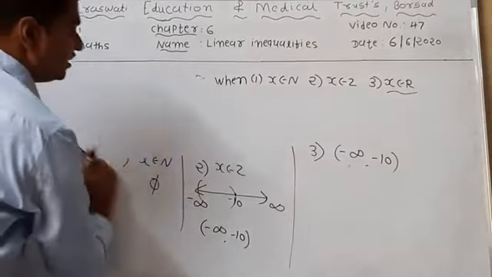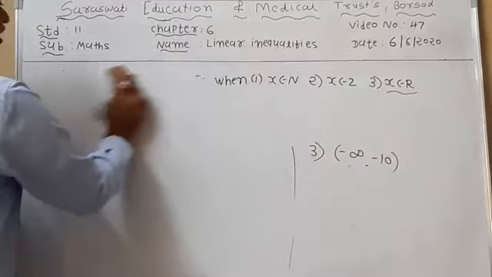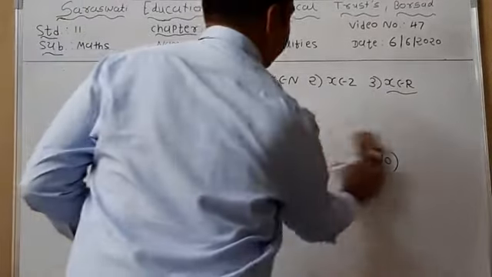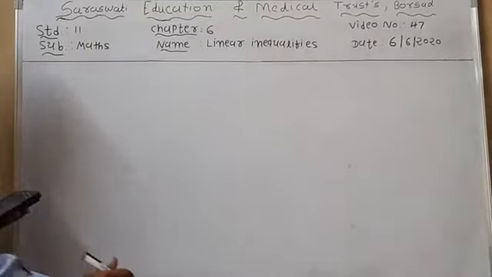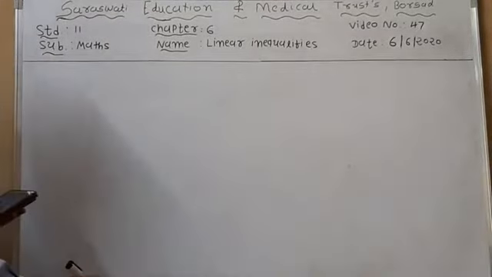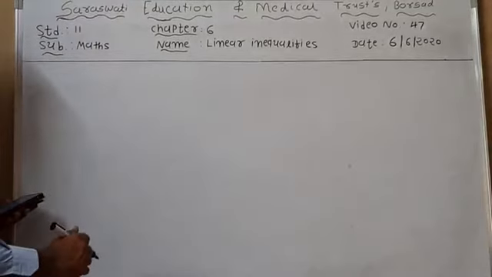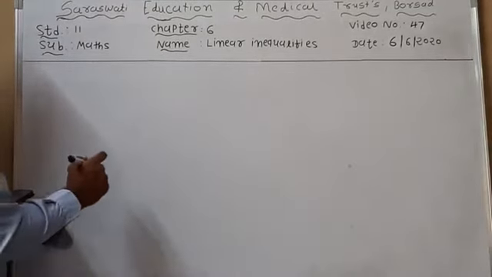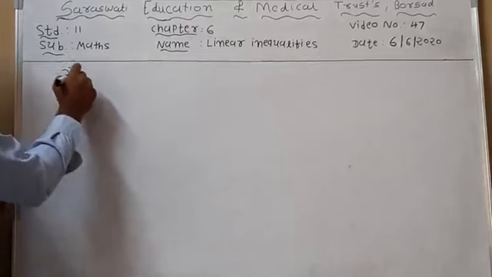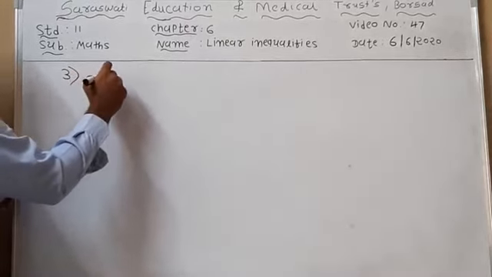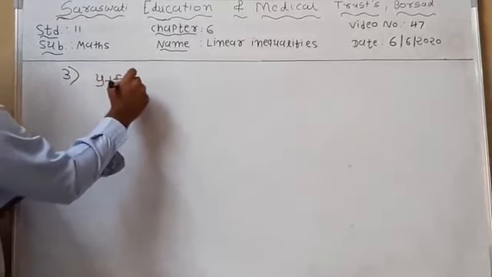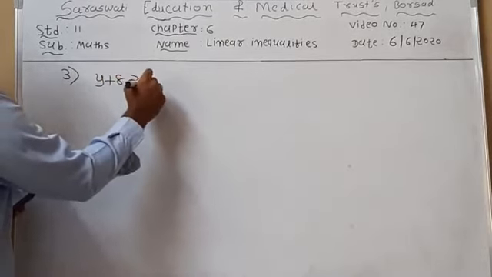Solve the following inequality graphically. So again, using a graph, we solve the equation and after drawing it graphically. Question number 3, y plus 8 greater than or equal to 2x.